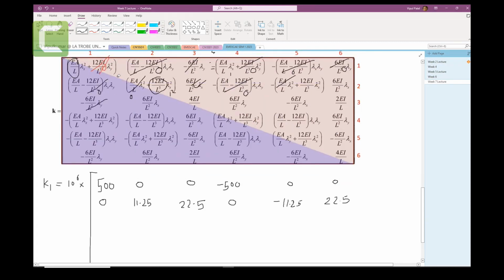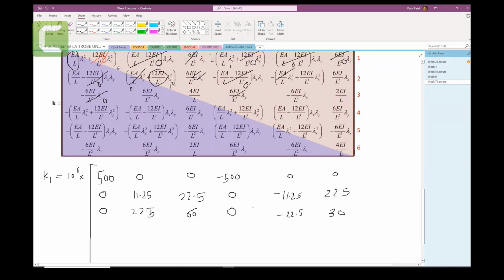Third row, this one is 0. This one is 0. Lambda x 6 EI on L square, so that is 22.5. 4 EI on L, which is 60 times 10 raised to minus 6. This one 0, this one 0. Minus 6 EI on L square, minus 22.5. 2 EI on L, that is 30.